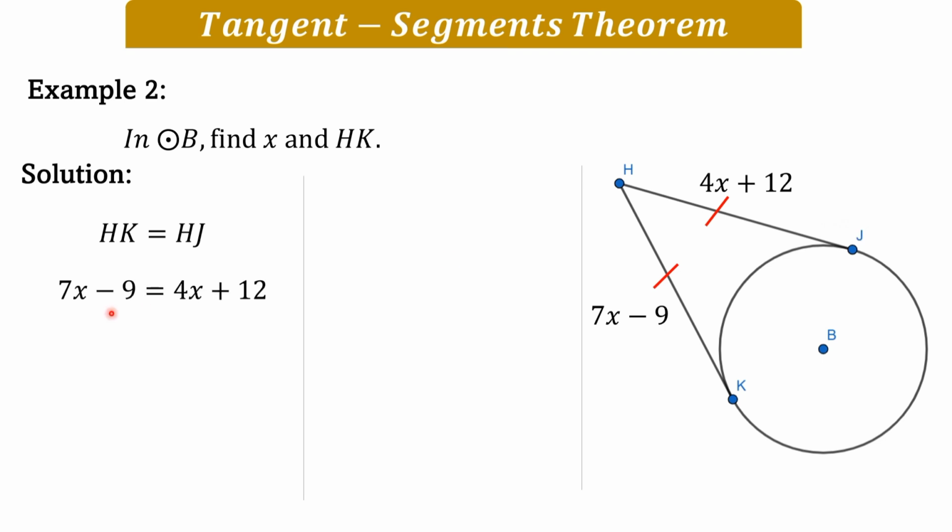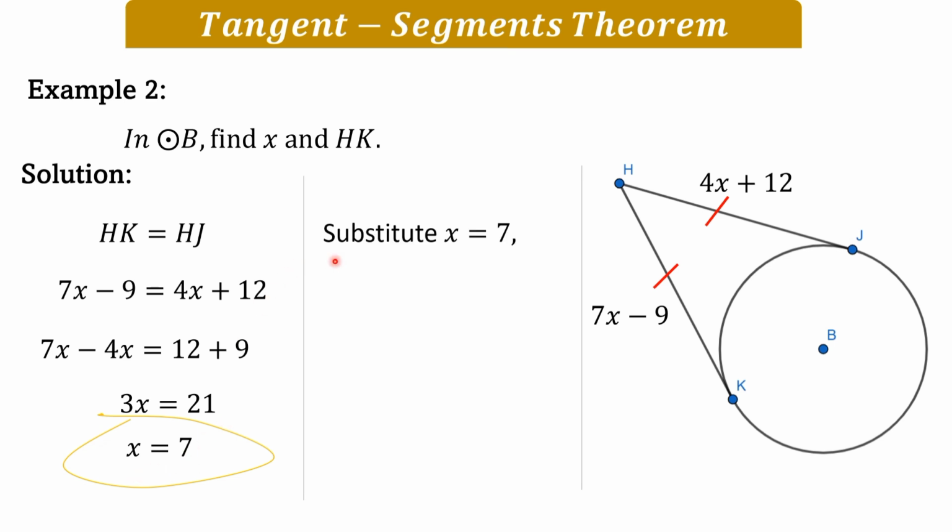7x minus 9 is equal to 4x plus 12. We have 7x minus 4x equals 12 plus 9. 3x equals 21. By division property of equality, x is equal to 7.